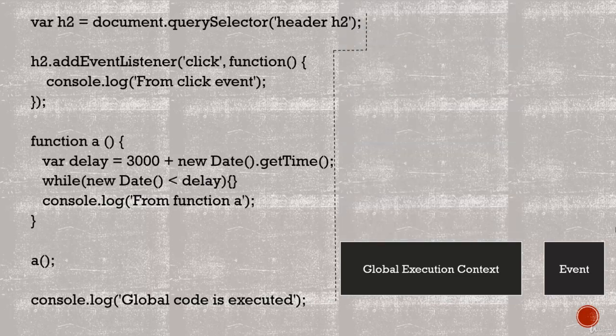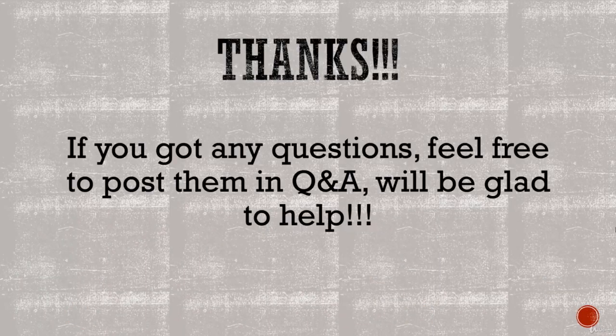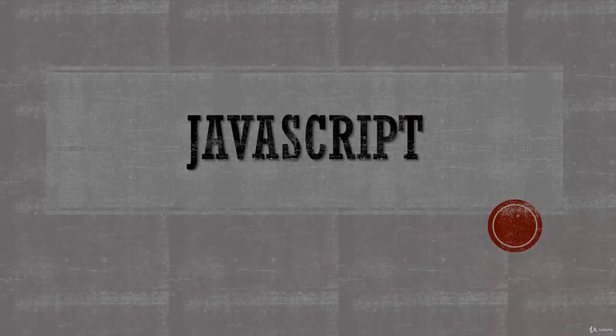It is waiting until function A finishes execution and then global code. After that runs the function inside event listener. So it means that at first JavaScript engine executes all the codes, and after that it waits for events. Alright. That was all about events. See you in the next video.